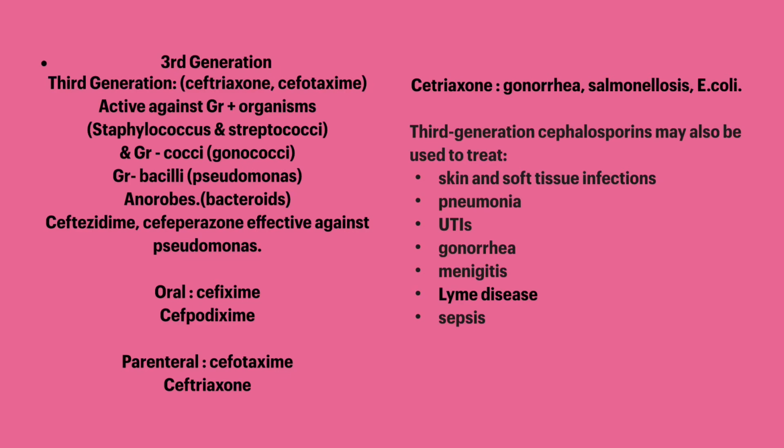Oral are cefixime and cefpodoxime. Parenteral are cefotaxime and ceftriaxone. Ceftriaxone is for gonorrhea, salmonella or E. coli. Third generation cephalosporins may also be used to treat skin and soft tissue infections, pneumonia, UTIs, gonorrhea, meningitis, Lyme disease and sepsis.